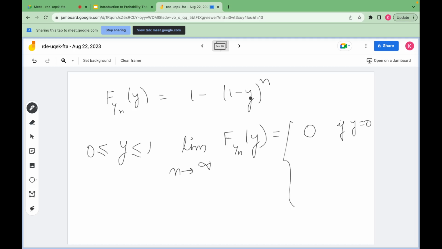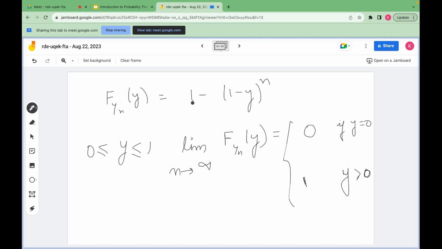And if y equals 1, then this will become 1 minus 1, 0, and 0 to the power n is 0, so this will become 1. This will become 1 if y is greater than 0, right? Because let's suppose y is 0.5, then 1 minus 0.5 is 0.5, and 0.5 to the power infinity, as this number is less than 1, after infinite time it will become 0.